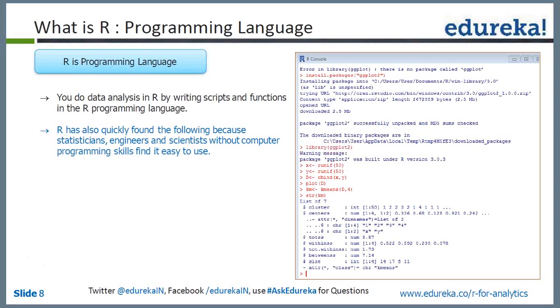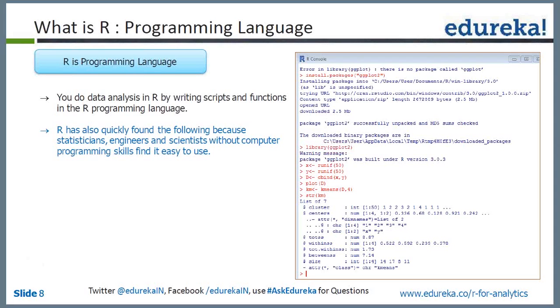And let me draw a comparison with SAS. SAS is expensive because of annual licenses, but one good thing is it has dedicated support and extensive documentation, which is a gap in R. And again, you need to have programming skills.